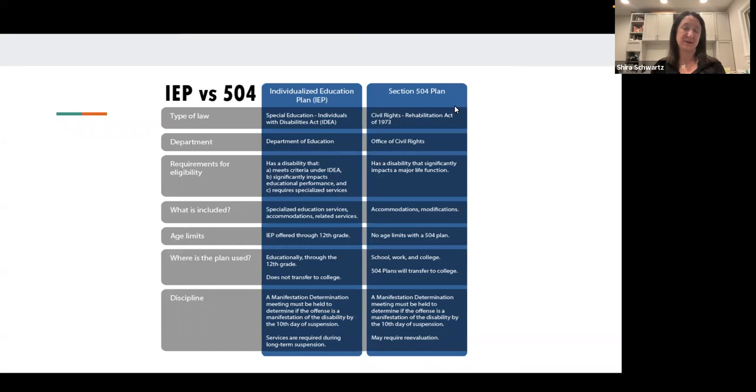You'll hear a lot of students with 504s who have a disability, like they're in a wheelchair, or they have a food allergy, or they have ADHD, things like that, that they don't need a specific plan with measurable goals that require services outside of the general education. They can use accommodations and modifications.